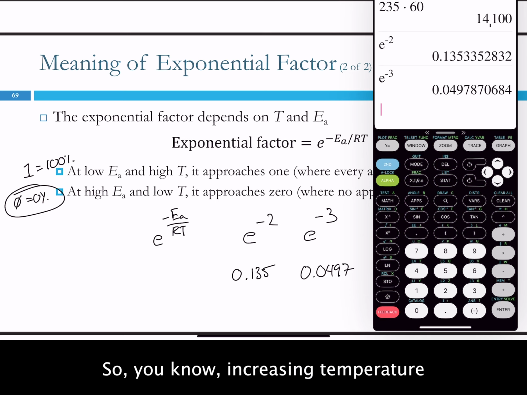So we know increasing temperature increases the rate of reaction. How does increasing temperature get me closer to 1 in the exponential factor? The smaller the exponent, the closer it is to 0.